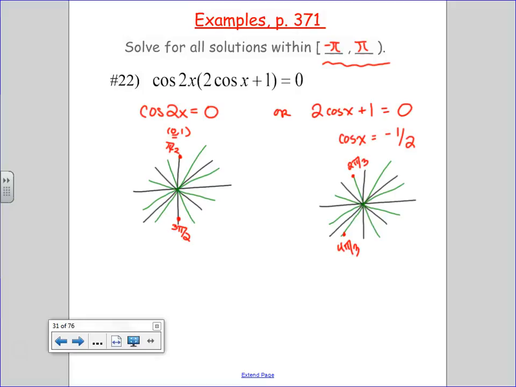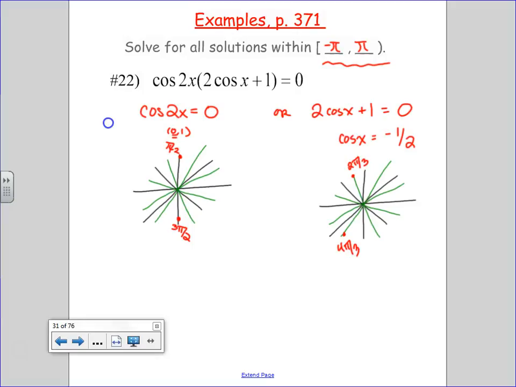Question. Does 2 pi over 3 fit between negative pi and pi? Yes. Why? How do we think about it? 2 pi over 3 is the same thing as how much of a pi? 2/3, right? If you were to think of, remember our calzone? Think about half of a circle as being 1 pi.